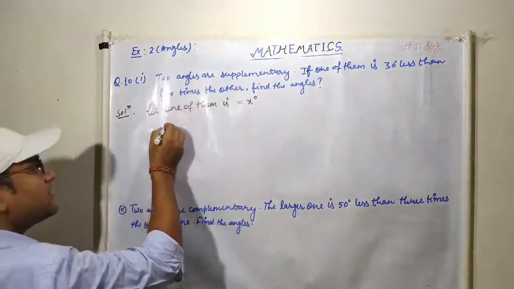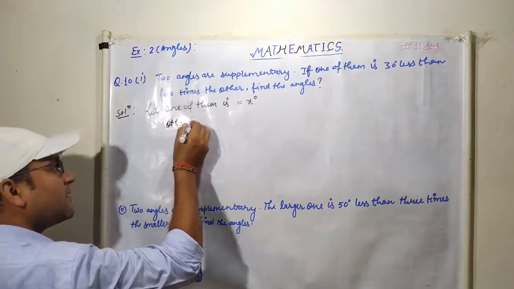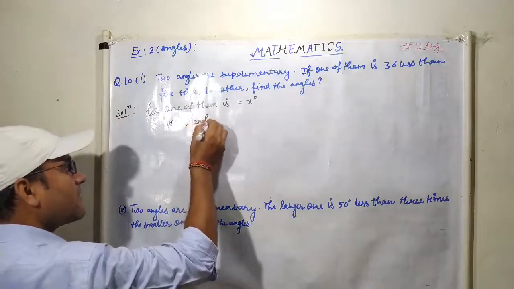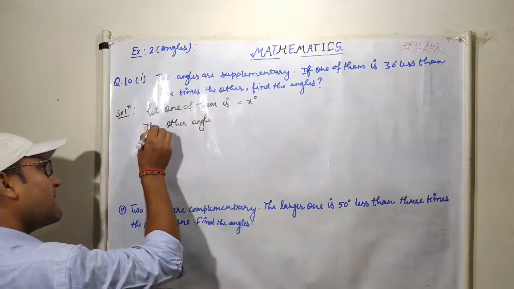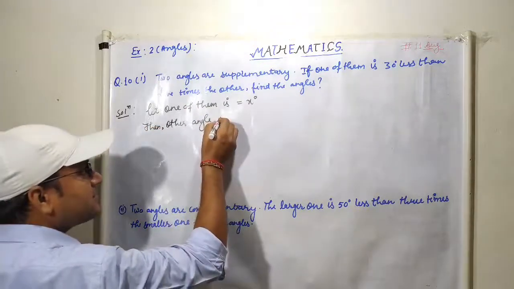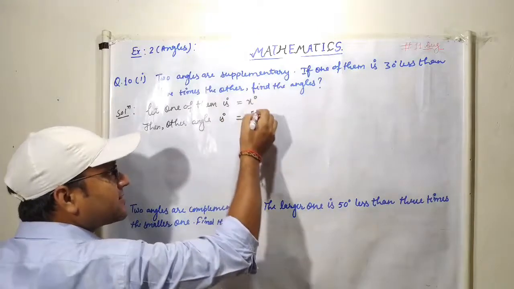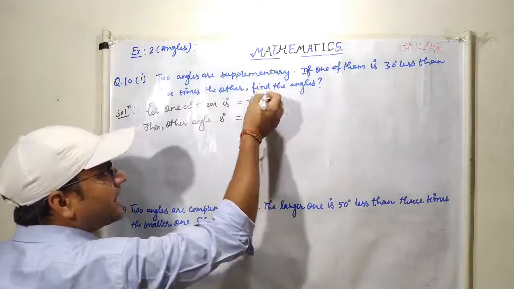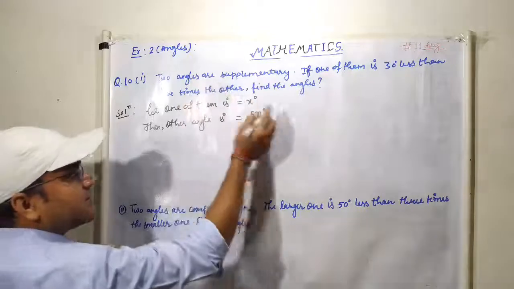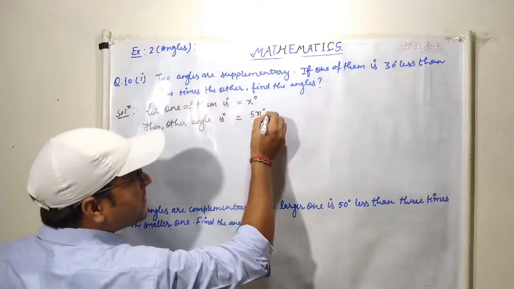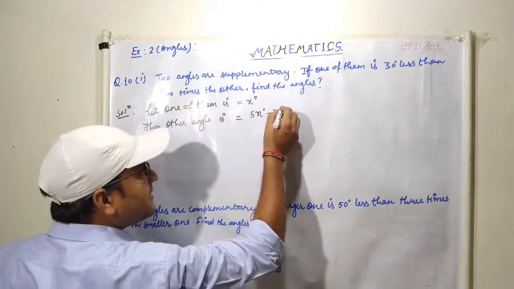So the other angle is 5 times x, 5x degree, and it is 30 less than that, so 5x minus 30 degree.